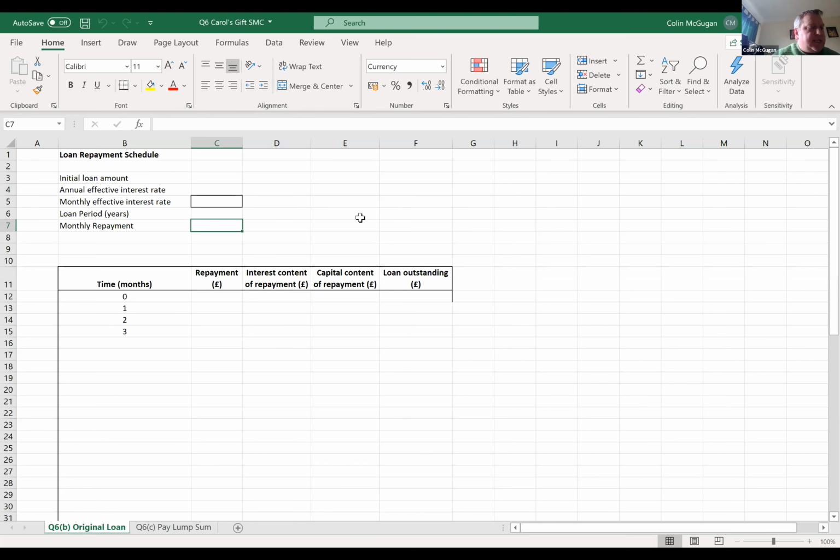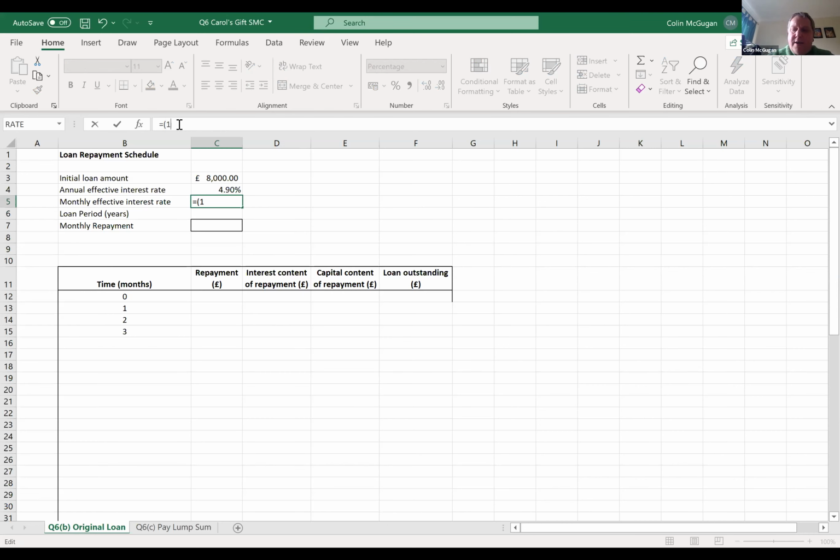So let's start off here. First thing is the loan amount. The loan amount we know is £8,000, so I'll simply put £8,000 in there. The annual effective interest rate is 4.9%. Then to get the monthly effective interest rate, it's the same as part A, so equals, but this time what makes it different, and not a repeated skill, is that I'm asking the candidates to do this on a spreadsheet.